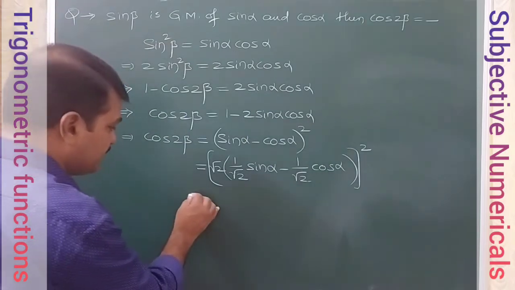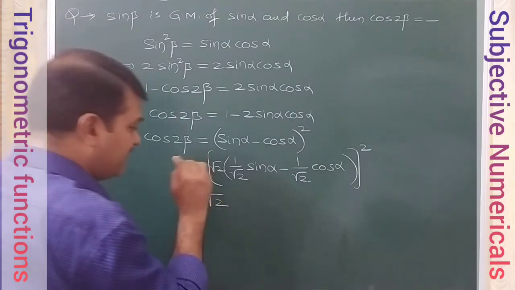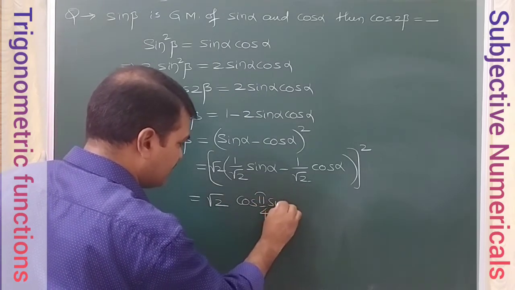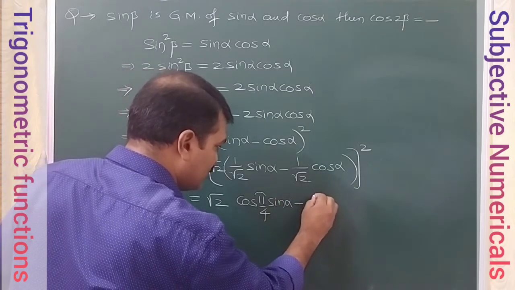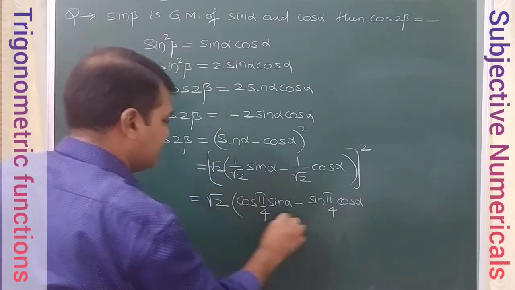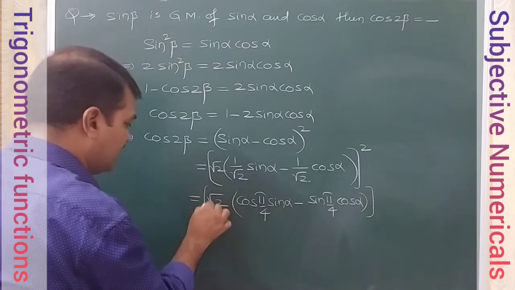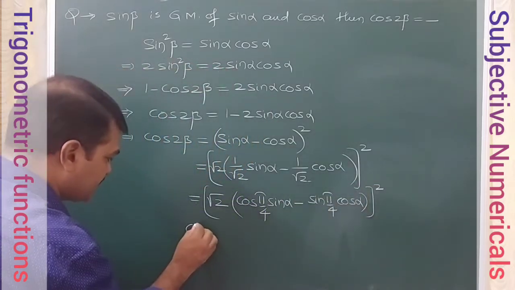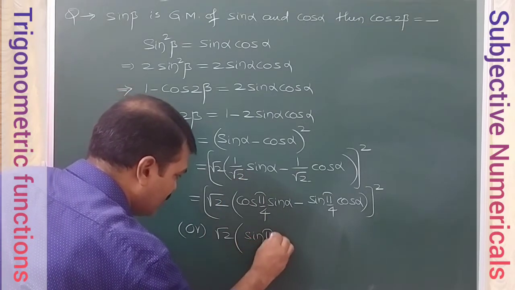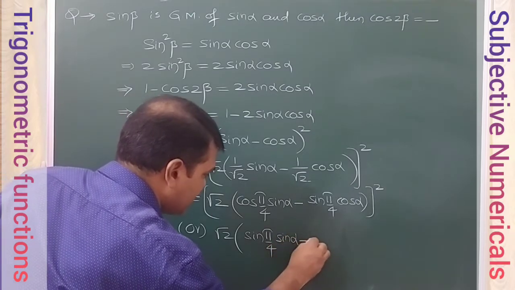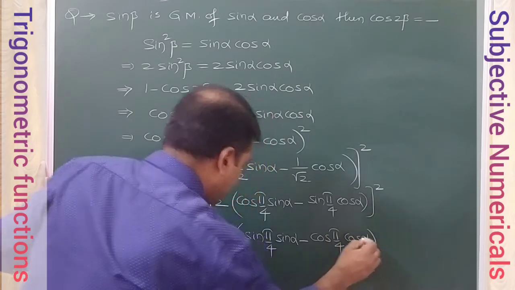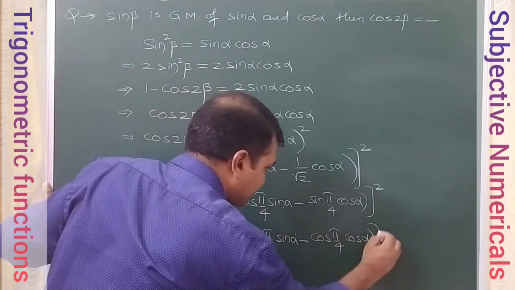For example, if I write this as first 1 by root 2 cos pi by 4 and second 1 by root 2 sin pi by 4, I can write like this. So this is one model. Or first 1 by root 2 sin pi by 4 and in place of second 1 by root 2 cos pi by 4, you can also write like this. So two different models we have.